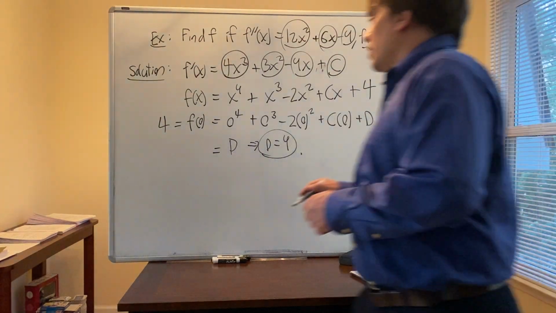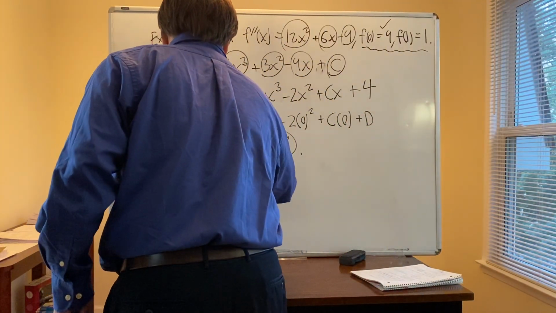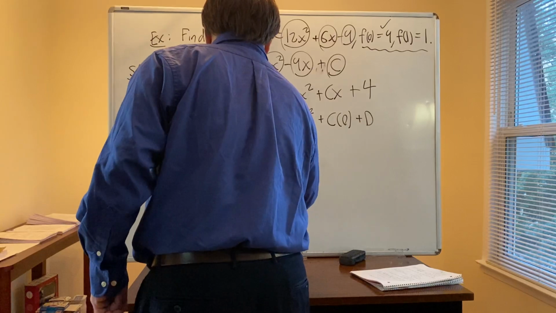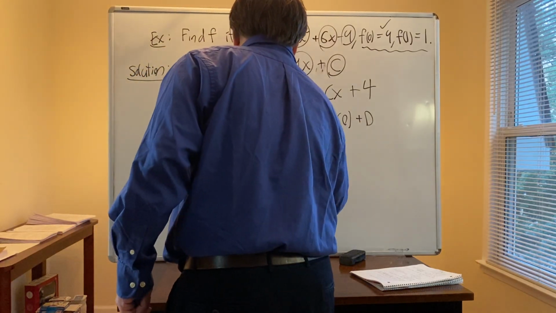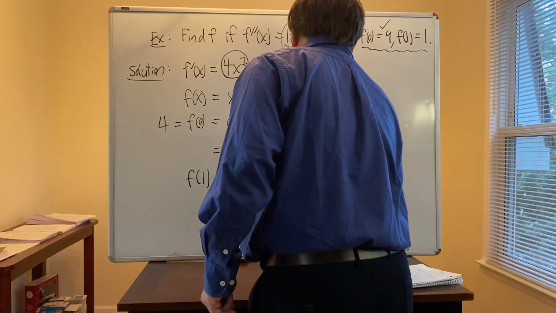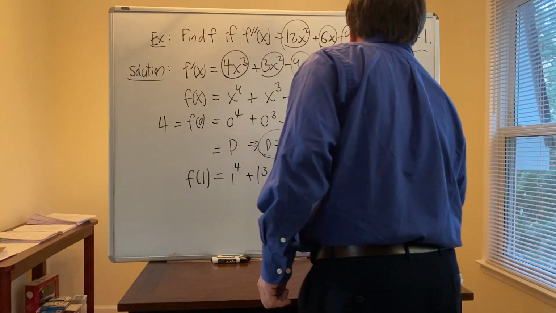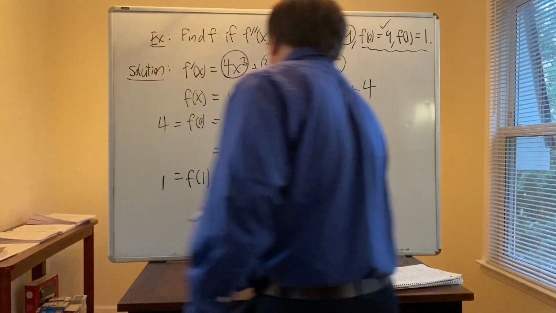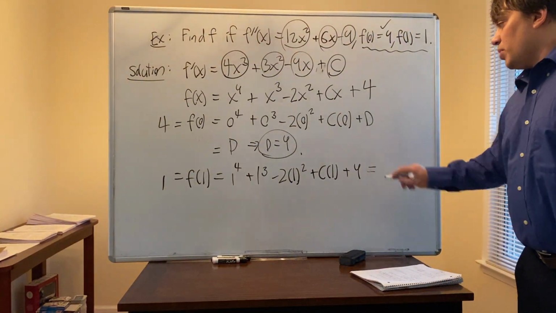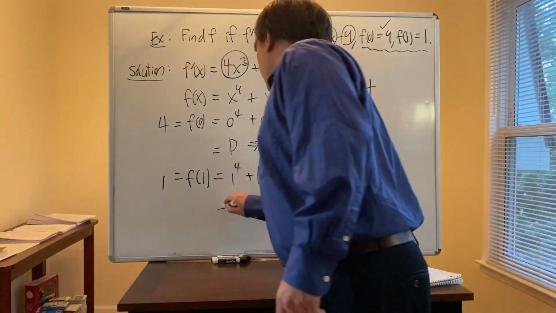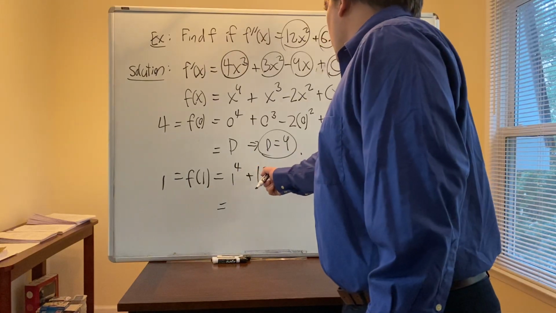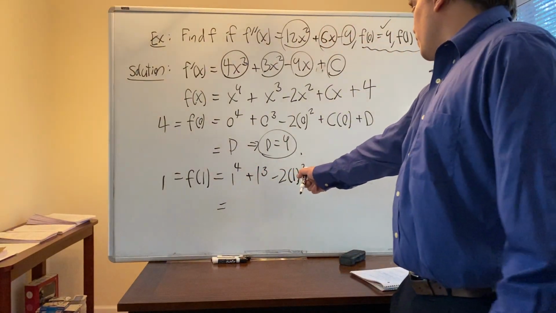F of 1 equals 1. So f of 1 is equal to 1 to the 4th plus 1 cubed minus 2 times 1 squared plus c times 1 plus 4. And f of 1 is equal to 1. So that equals 1. And if you do the arithmetic here, you get 1 plus 1 is 2. 2 minus 2 is 0.